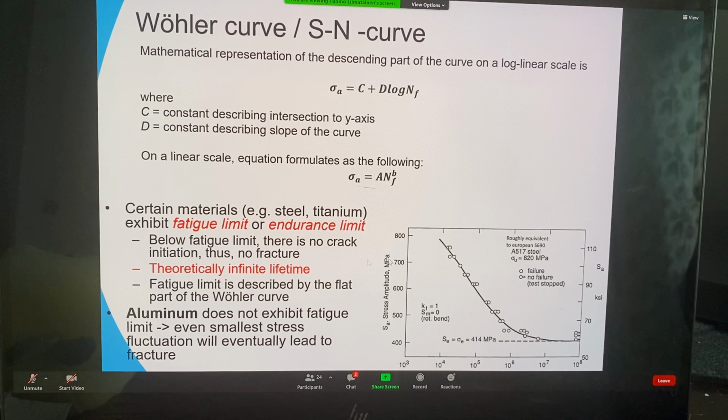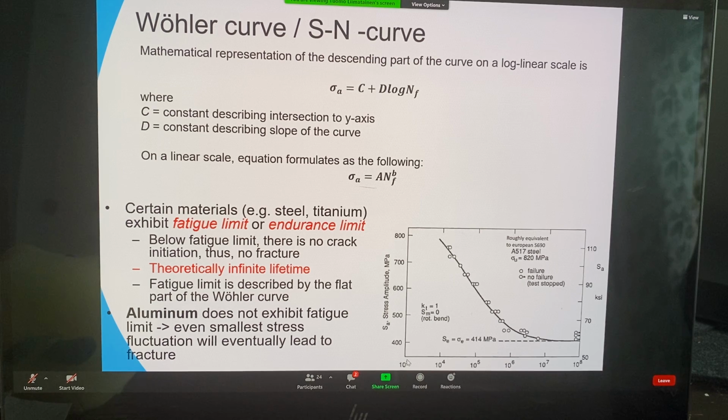Okay. But when it comes to fatigue limit, you must understand that it's a property that depends on the material. Aluminum does not have a fatigue limit. So the Wöhler curve for aluminum will go straight down, sloping down to zero.